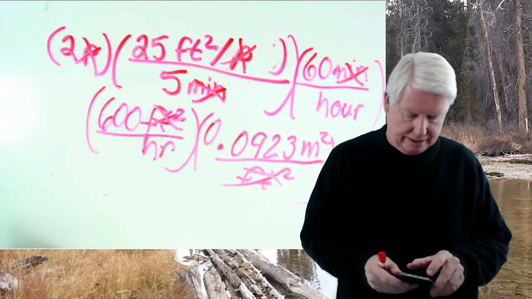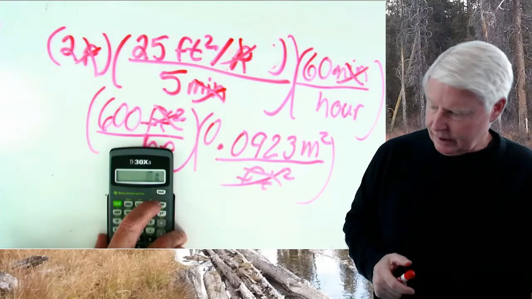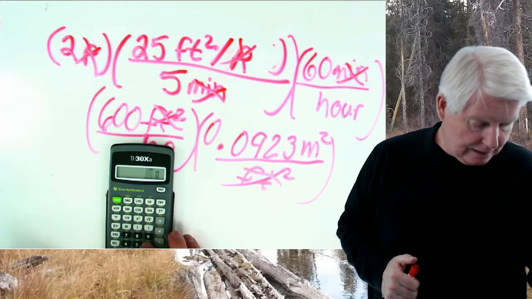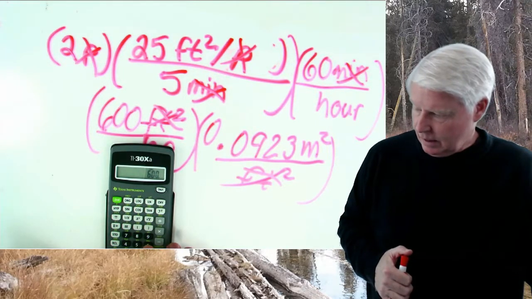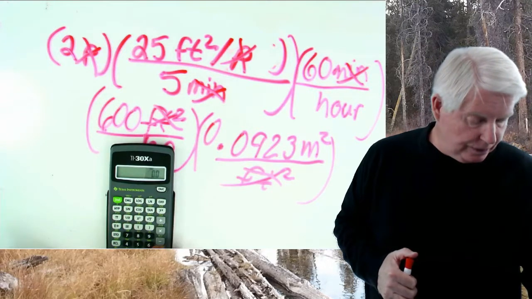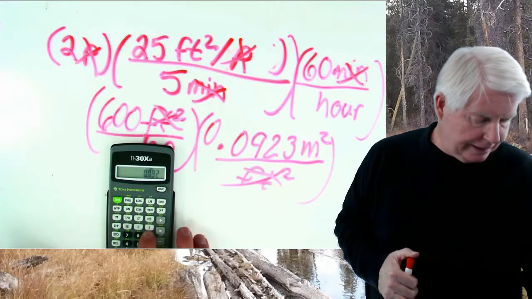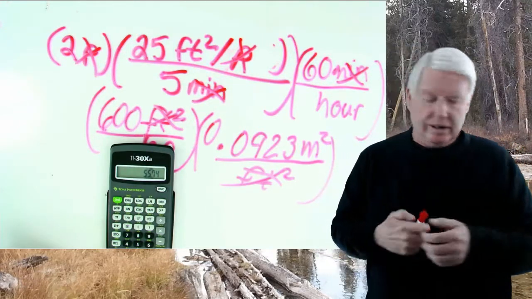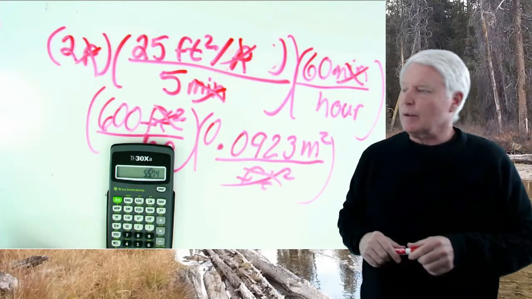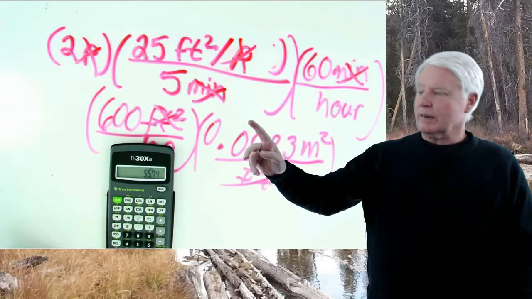Let me check it one more time. 600 feet times 0.0929 equals 55.74. 55.74. So that's what I was looking for.